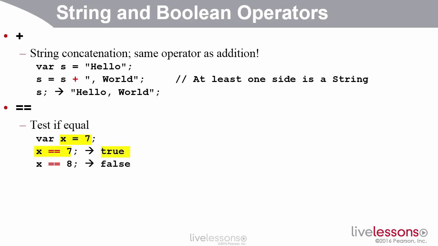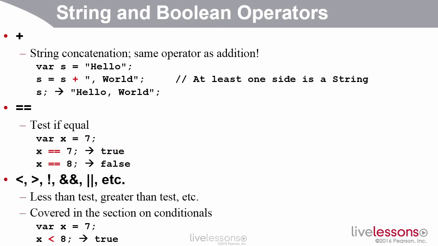It says yes. If I say, is x equal to 8? It says no. And there's a whole bunch of other Boolean operators that test if something is true or false. There's less than, there's greater than, there's not, there's and, there's or, and a whole bunch of others. And we will look at those in a lot more detail in the section on conditionals. But for a very brief example, if x is equal to 7, if I then ask, is x less than 8? It says yes.